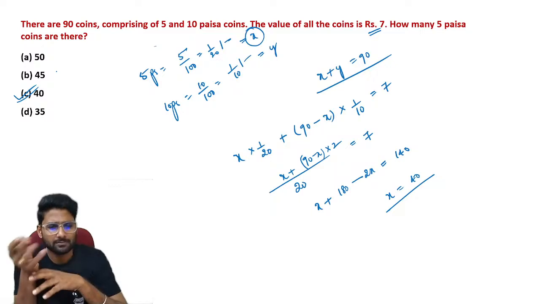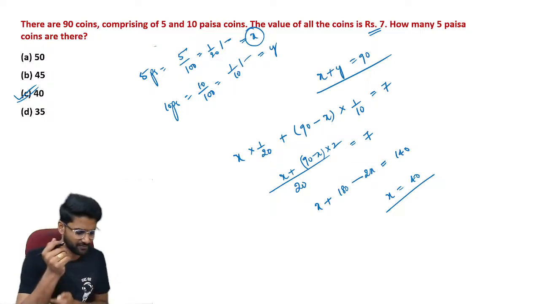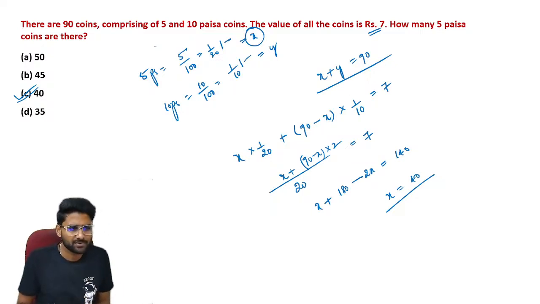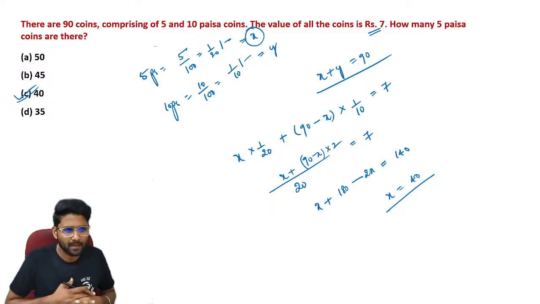If you want how many 10 paisa coins there are, the sum is 90, so if x is 40, definitely y must be 50. So the answer to this question, the difference, is 40.